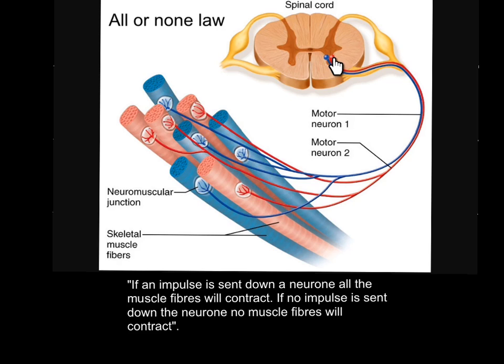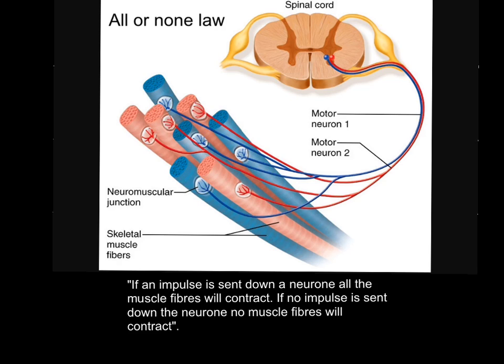Same with the red one. If an impulse is sent from the cell body down the red neuron, it will branch off and all the red muscle fibres will contract. If no impulse is sent down, none of them will contract. So the point is, all the muscle fibres attached to that neuron, whichever neuron it is, will either all contract or all relax, depending on whether an impulse is going down them or not.